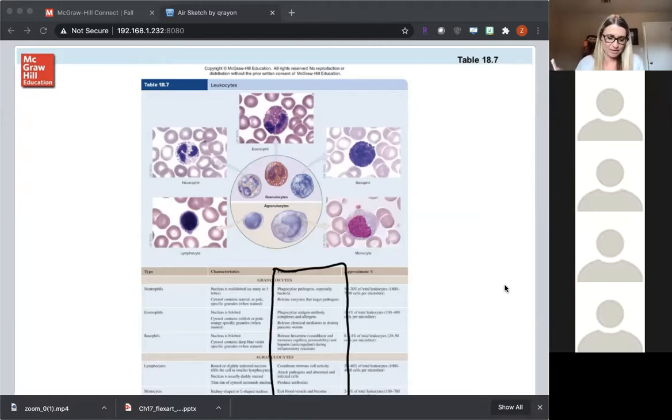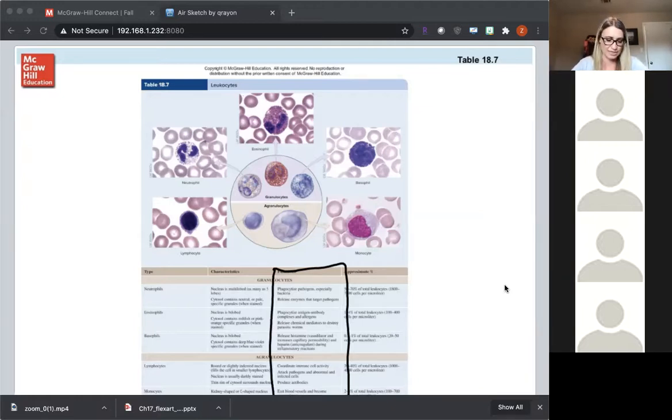But anyway, so those are basophils, and these three are granulocytes. I would like you to be able to classify granulocytes and agranulocytes. There's an easy way to remember which one is which. The granulocytes are all the phils, okay? So neutrophil, eosinophil, basophil, all the ones that end with phil are granulocytes. And then the other ones are agranulocytes.